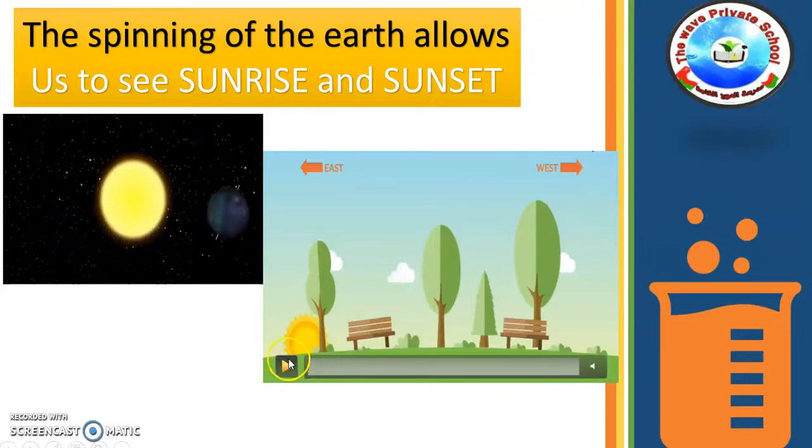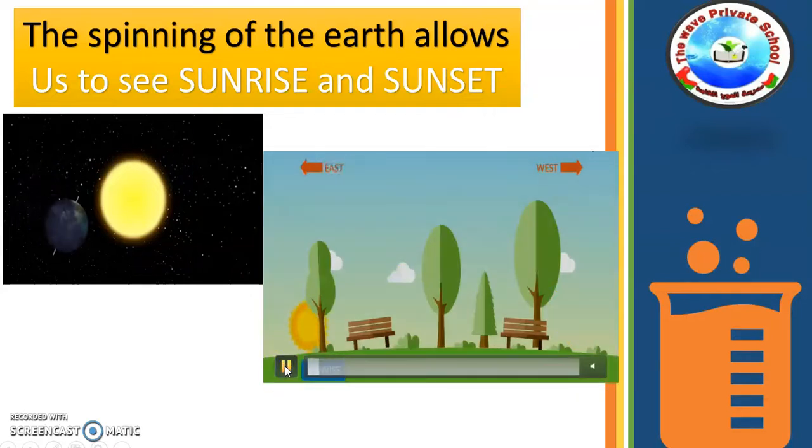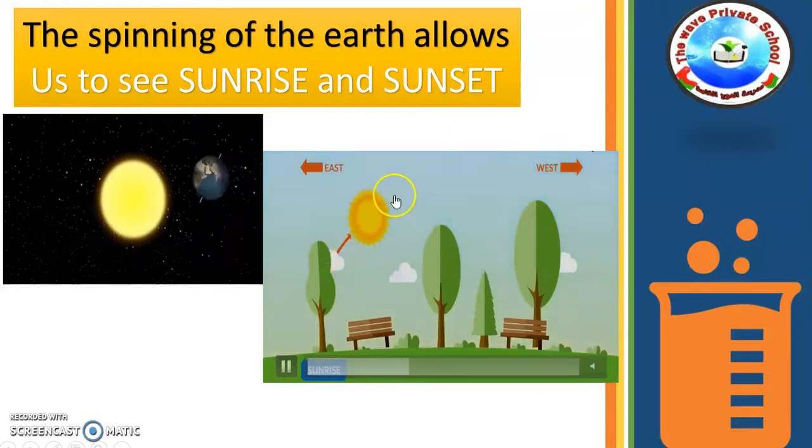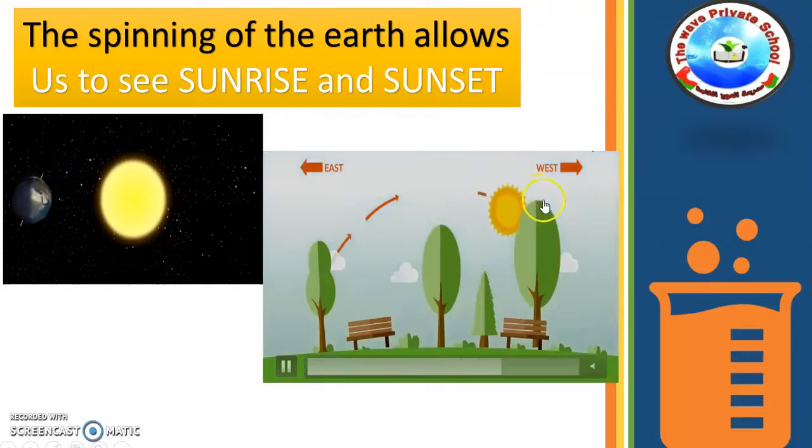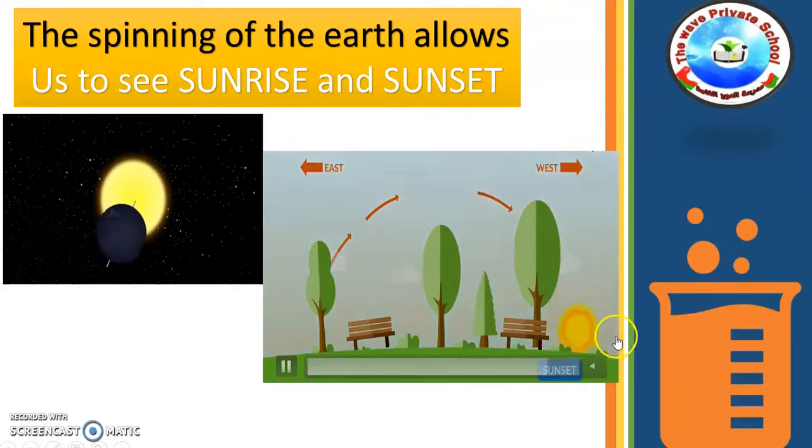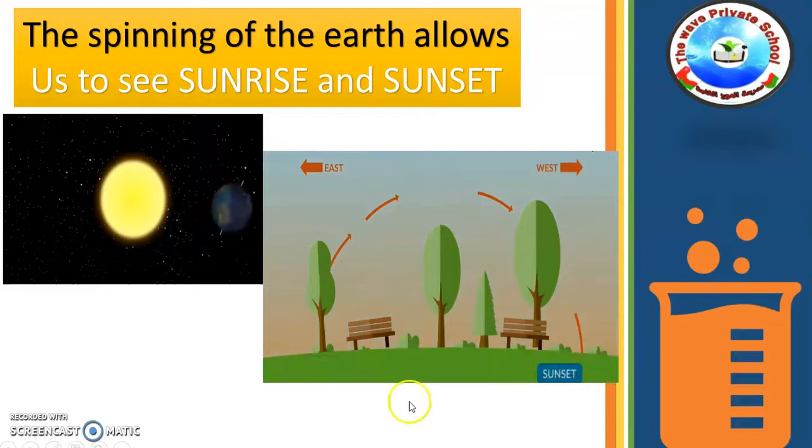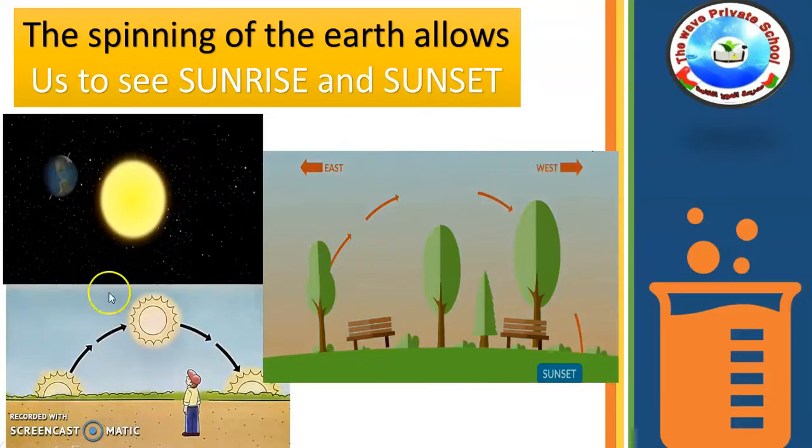Sunrise is in the morning, and sunset is in the afternoon. Look at this one. Sunrise, and the sun will set now in the afternoon. Because of this, we are able to see the sunrise and sunset.